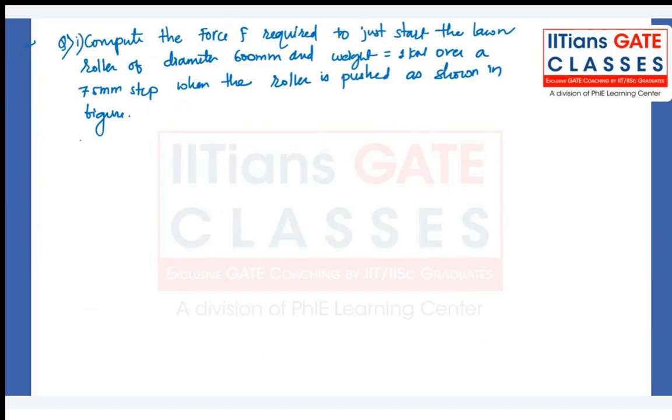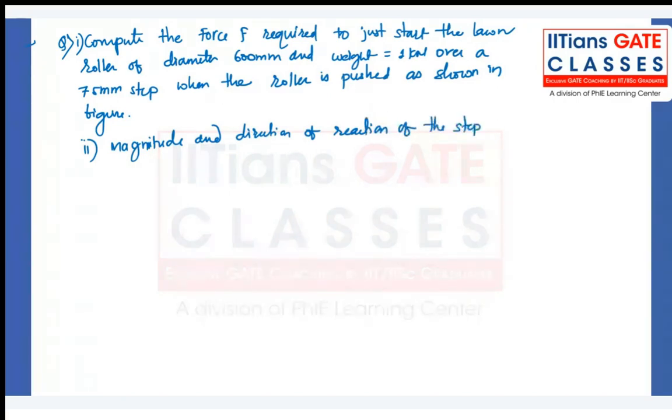The second part of the question is the magnitude and direction of reaction of the step on the roller. Okay, so quite an interesting question.